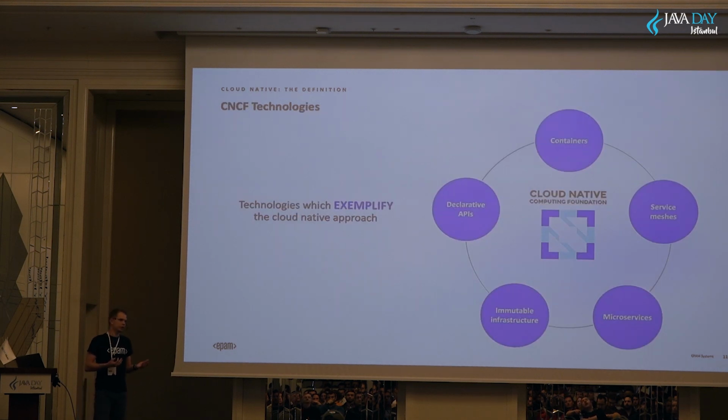Based on this definition, you can see the cloud native definition is not about technologies at all. It says that the technologies which we are using right now just exemplify the cloud native approach. It means that all these containers, service meshes, microservices, APIs which we are using today are current and actual today.